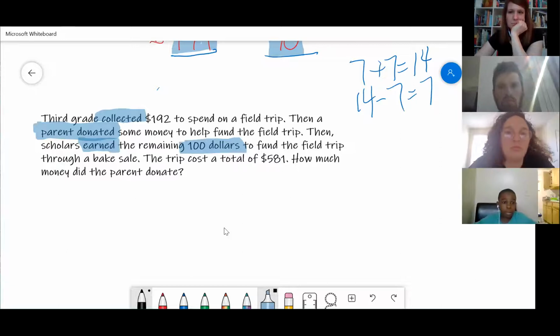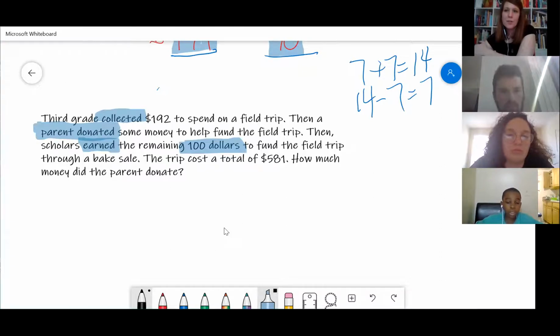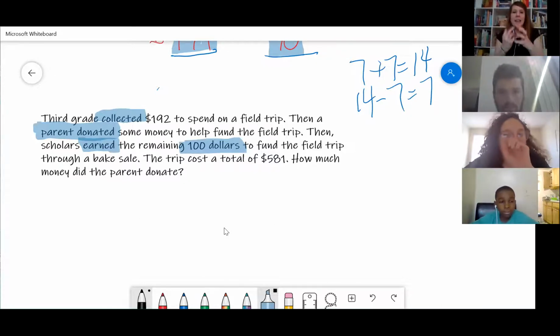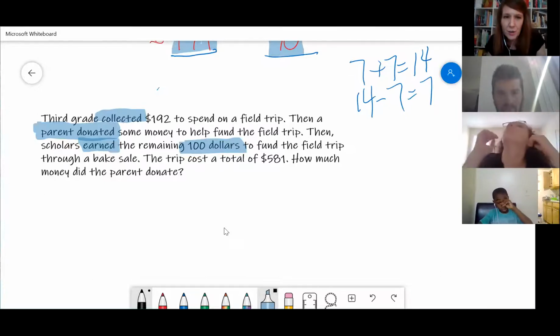Parents, it's talking about how much the parents donated. That's what the question is asking. Yeah, so Ahmed, what could you use another word to describe the word donated? Gave. Yeah, exactly. Collecting, giving, earning, that's our action in the story today.